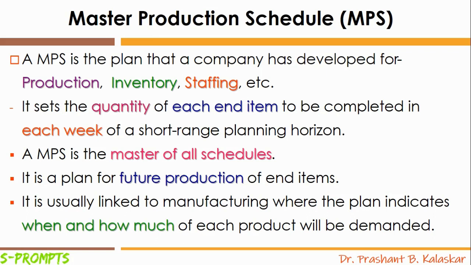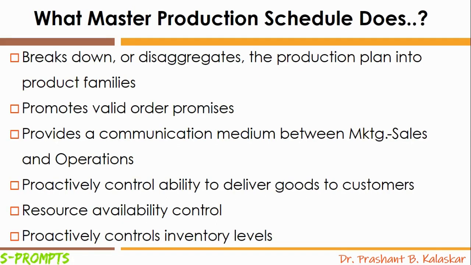MPS is master of all schedules related to the production plan, and is a plan for future production of end items. MPS is usually linked to manufacturing, where the plan indicates when and how much of each product will be demanded. Now we will try to understand what the master production schedule actually does.